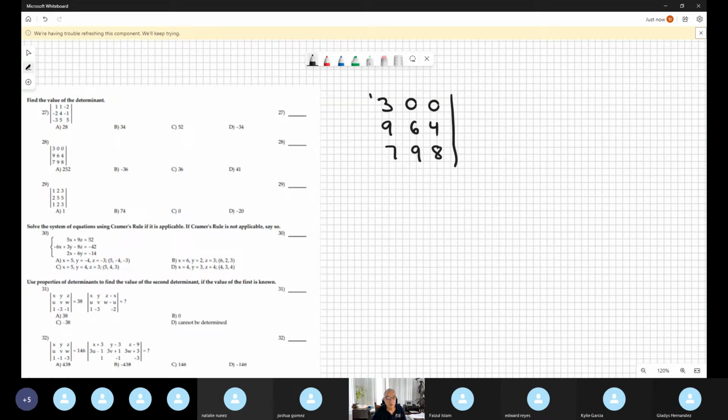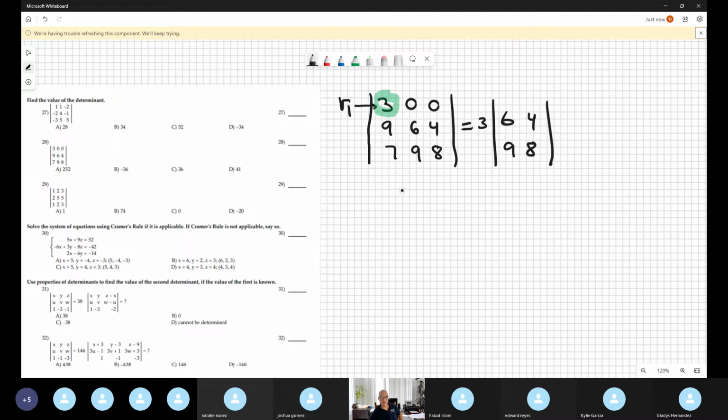And the professor explained I can select any row or any column. So I take advantage of row 1 because in row 1 we have only one non-zero entry. The other cofactors are 0. Actually, it's equivalent to say 3 times the minor associated with this, which is 6, 4, 9, 8.